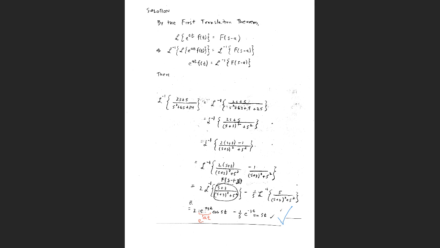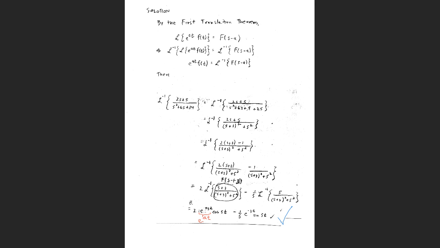All right. That being said, I want to go back to the ebook for a moment. There are actually two translation theorems that you're going to learn. You learned one called the first translation theorem.